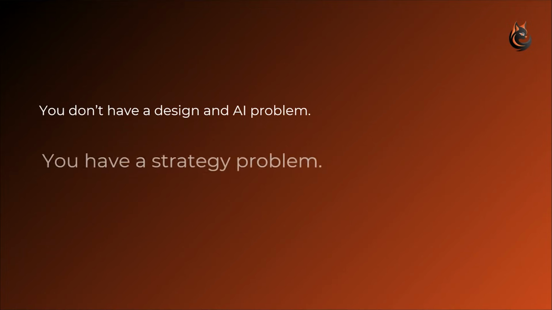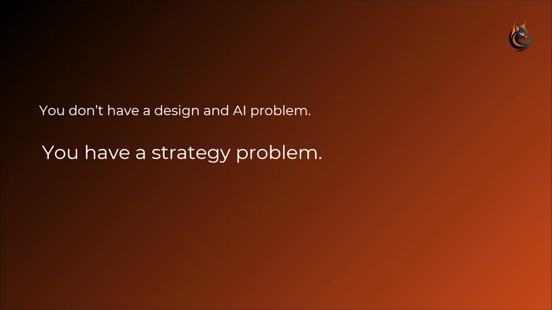It's just that they don't convert. And it's not your designer, because designers need clear context and clear instructions from the seller. And it's not AI, because we have the most advanced AI so far. So I think it's not a design and AI problem, but a strategy problem.